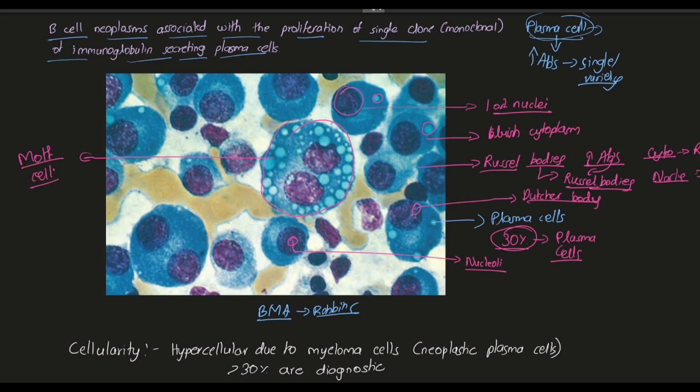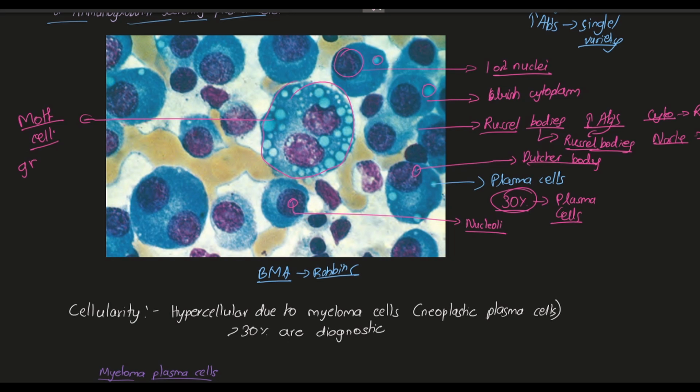It contains grape-like Russell bodies. You can see here, right? These are arranged in a grape-like manner. Actually, in this cell, it's not too much. In so many cells, they might rupture. They look like they are rupturing out of the cell.